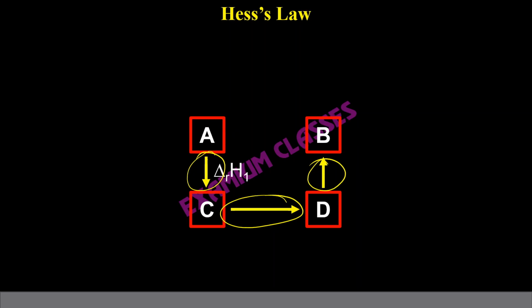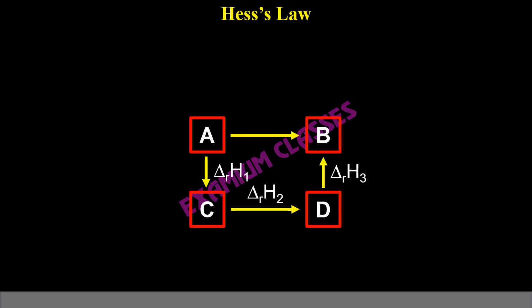And the enthalpy change in these three steps, say in the first one it is delta H1, second one delta H2, and delta H3 in the third one. Now if we can produce the same products B from A in a single step, and the enthalpy change is delta H of the reaction, delta RH, then this particular enthalpy will be the sum of all these three.